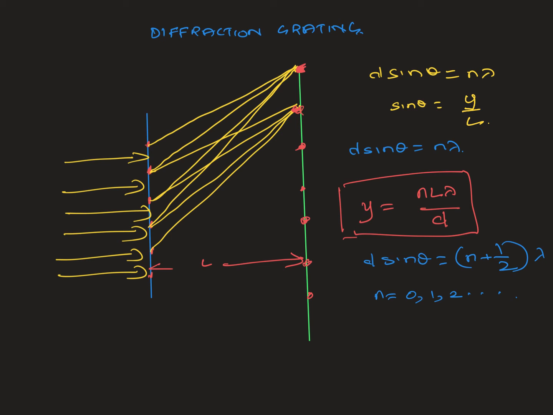So these two are enough for you to get any equation from this and solve. So for destructive one, you have to put n plus half instead of n.